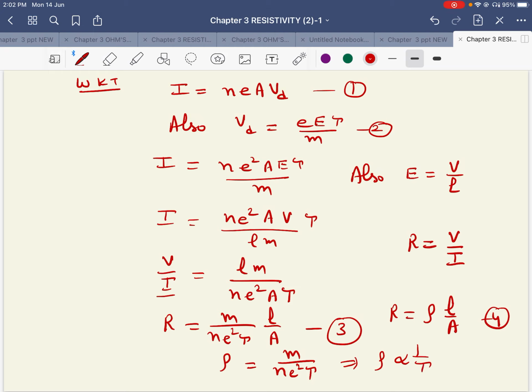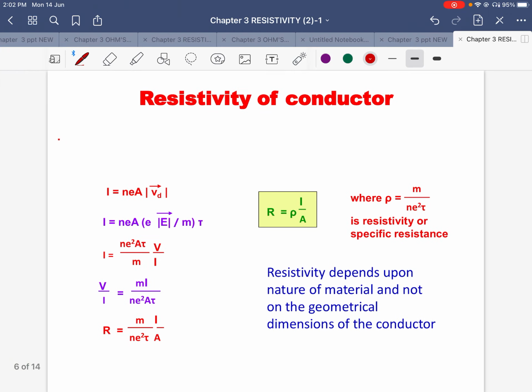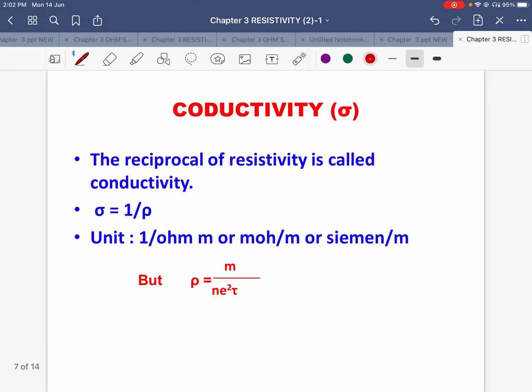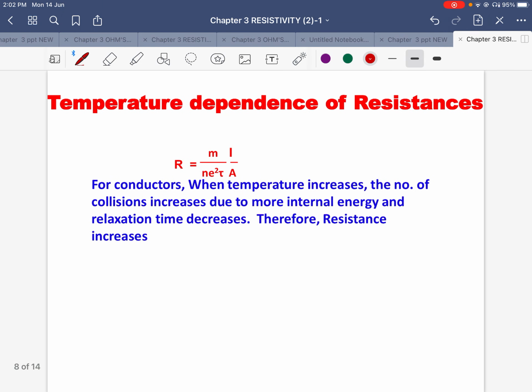From this formula we can explain how the resistance and resistivity of a conductor vary with temperature. Let us discuss this point. Temperature dependence of resistance: R is equal to m upon Ne²τ into L by A. From here R is inversely proportional to relaxation time.